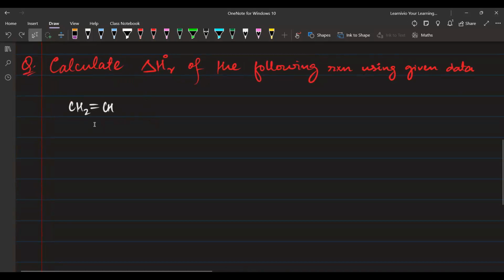CH2 double bond CH2 plus 3O2 gives 2CO2 plus 2H2O. ठीक है? So this is the reaction and आपको data दिया हुआ है.